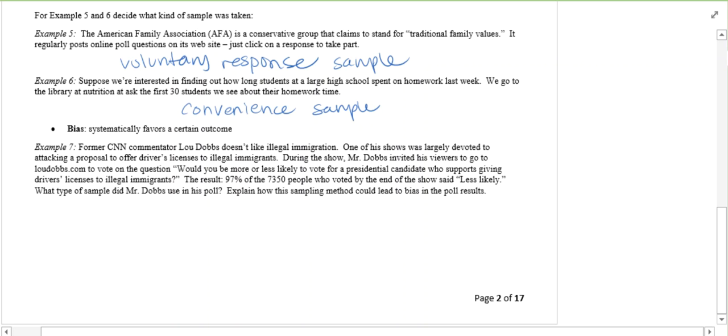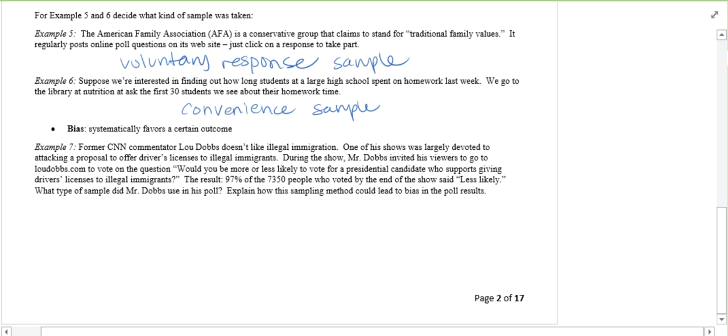The result: 97% of the 7,350 people who voted by the end of the show said less likely. What type of sample did Mr. Dobbs use in his poll? Explain how the sampling method could lead to a bias in the poll results.